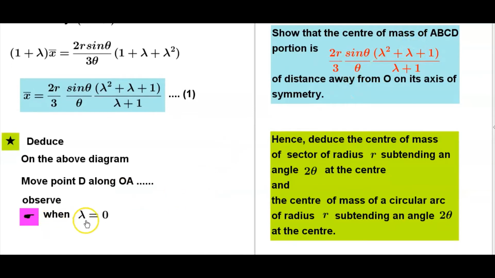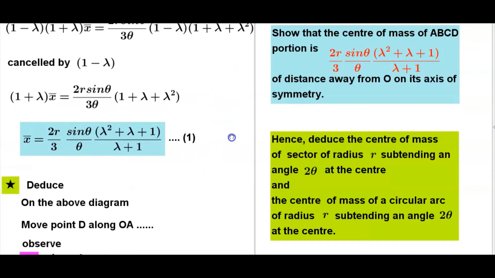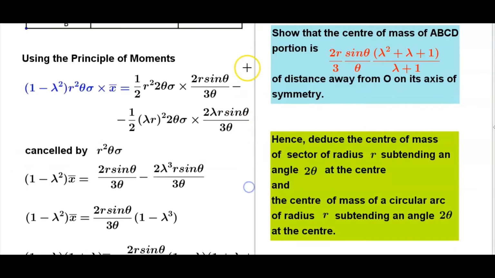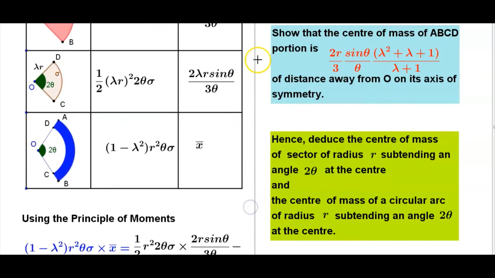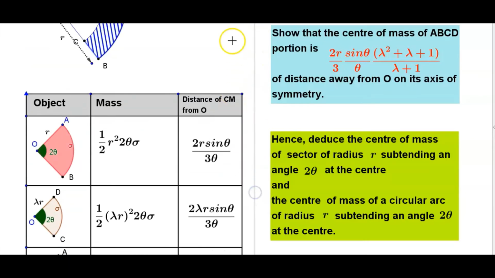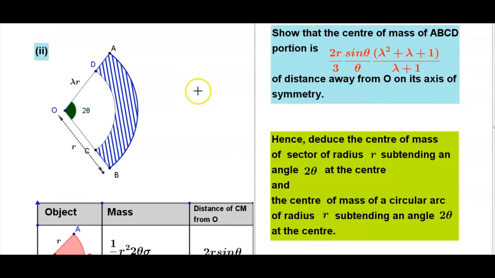When lambda is equal to 0, we will observe on the diagram. Make lambda equal to 0, this portion comes like here.